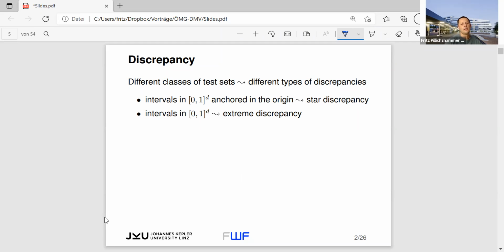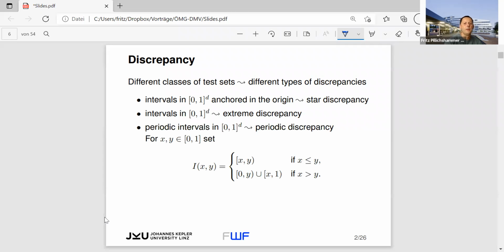And as a third class of test sets, we're considering so-called periodic intervals, which will lead to a notion that we call periodic discrepancy. So what do I mean by a periodic interval? First, let me explain in the univariate case, in the one-dimensional case. For elements x and y from the unit interval, the so-called periodic interval I(x,y) is just the usual interval [x,y] if x is less or equal to y.